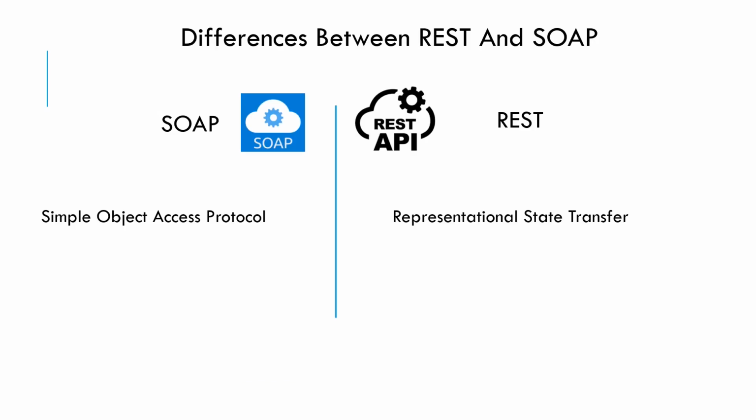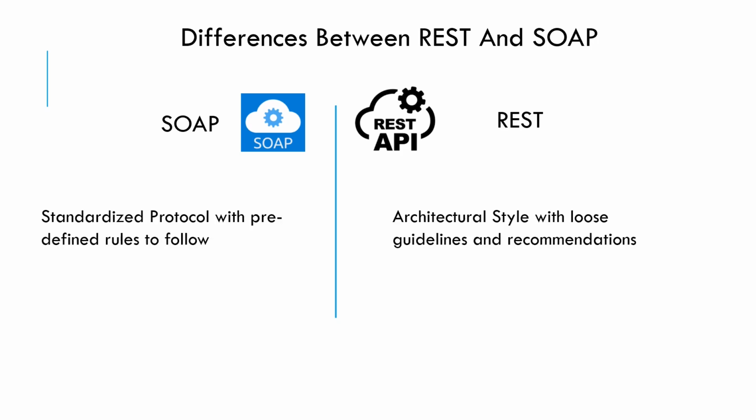So now let's understand the focus of this video, that is the difference between REST and SOAP. First, we already discussed the full forms: SOAP is Simple Object Access Protocol, and REST is Representational State Transfer. Then in SOAP, we have a standardized protocol and standardized artifacts for the contract, like WSDL.